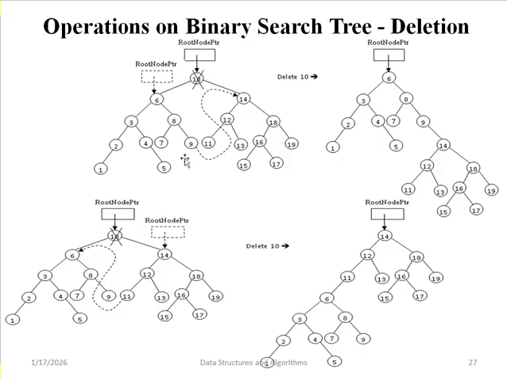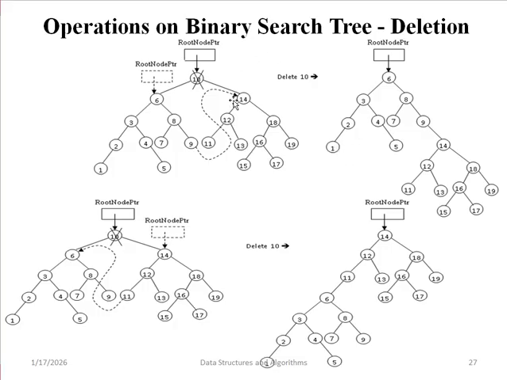So we should look for the largest node from the left wing, and then connect the right wing of this deleted node as the right wing of 9, the largest node.